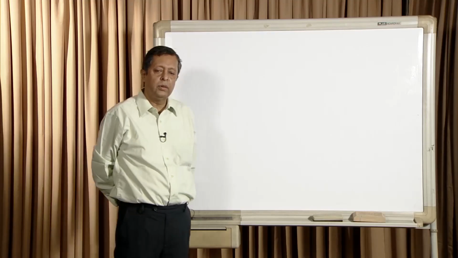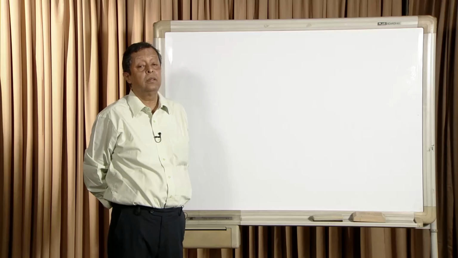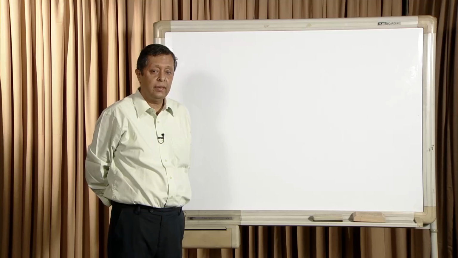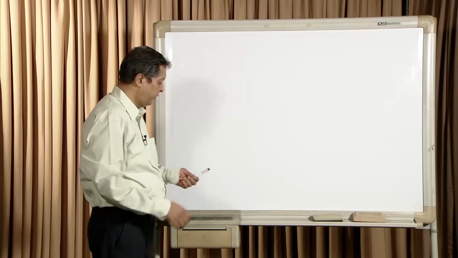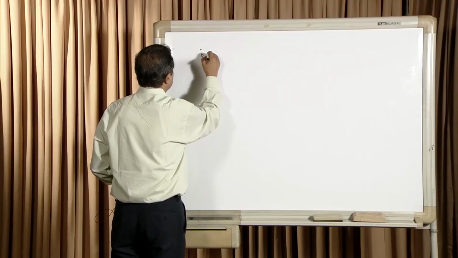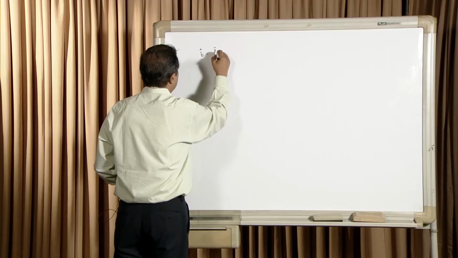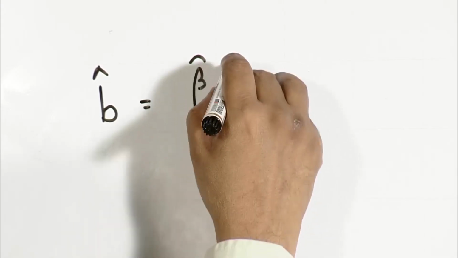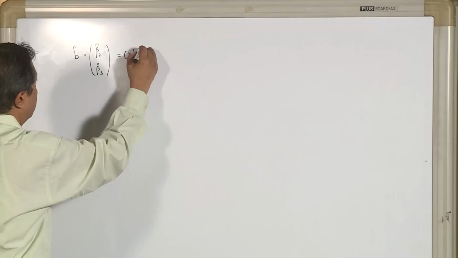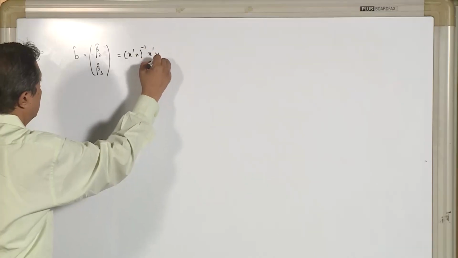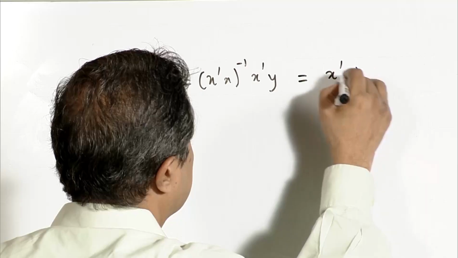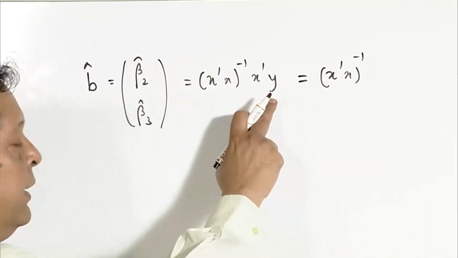So, let us now take a look at the matrix formulation which arises out of the 3 variable model. Once we take a look at that, it will be easier to follow the k variable model. In the 3 variable model, b hat, which is beta 2 hat, beta 3 hat, is equal to x prime x inverse x prime y, where y is in deviation form.